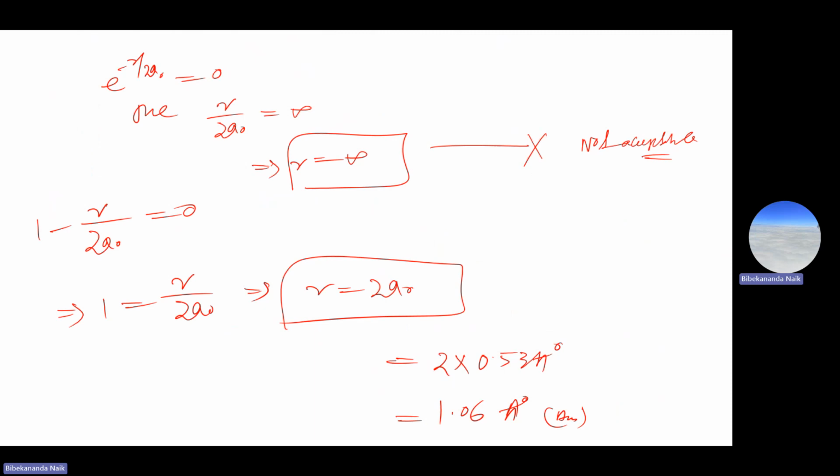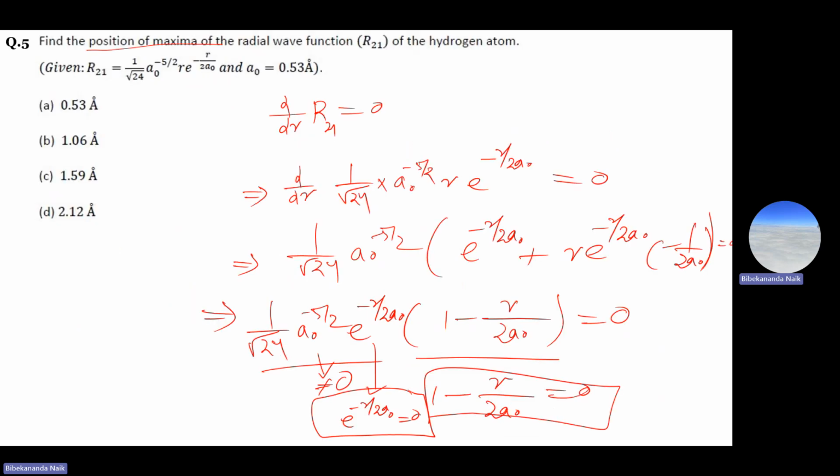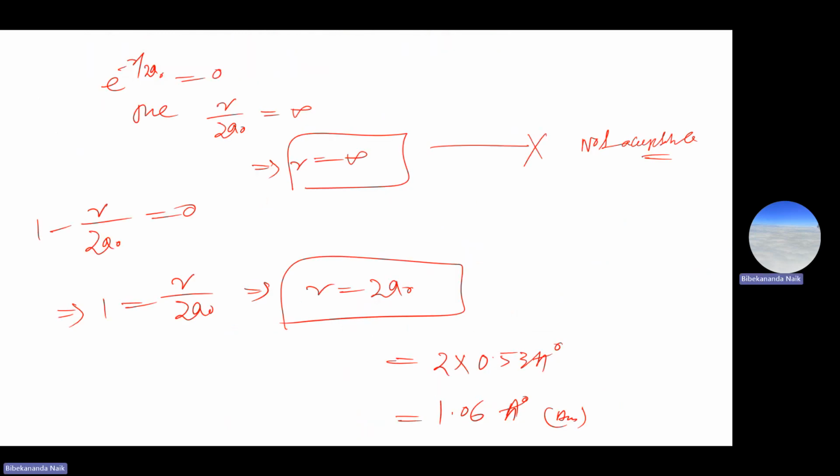The remaining part, 1 minus r by 2a0, gives r equal to 2a0. r equals infinity is not acceptable, because the wave function reduces to 0 at infinity. So the correct option is option B, which is 1.06 angstrom, that is 2a0. So the maxima position of the radial wave function is 2a0. I hope this is clear to you.